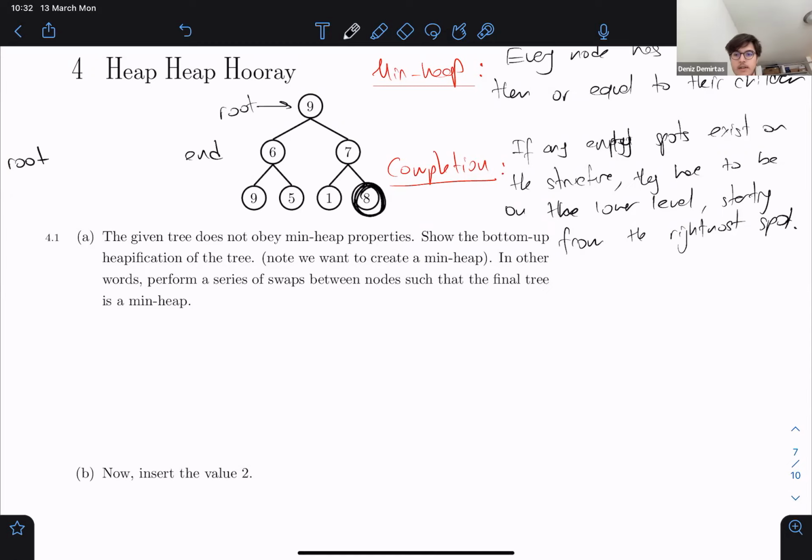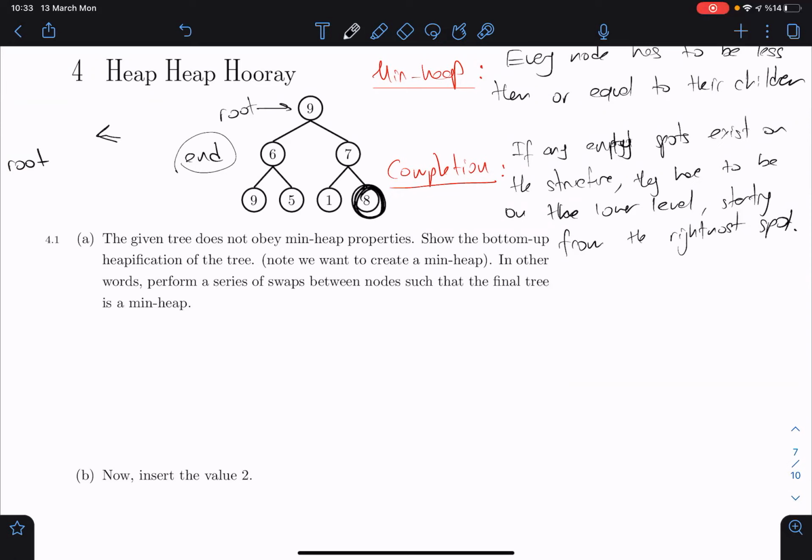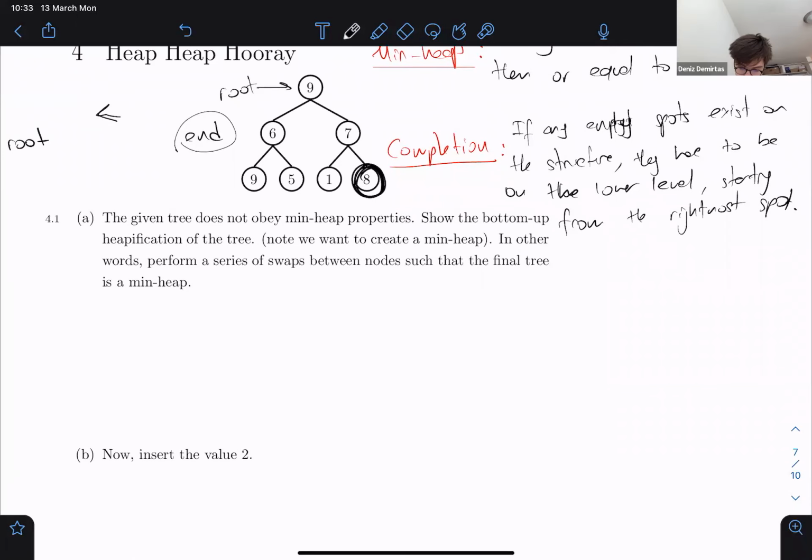And considering the array representation, we start from the last index and move our way to the first. And what we do is try to see if the current node can be promoted to the upper level. And what we have to check if the promotion is valid or not is if the structure obeys the min heap properties after the promotion.